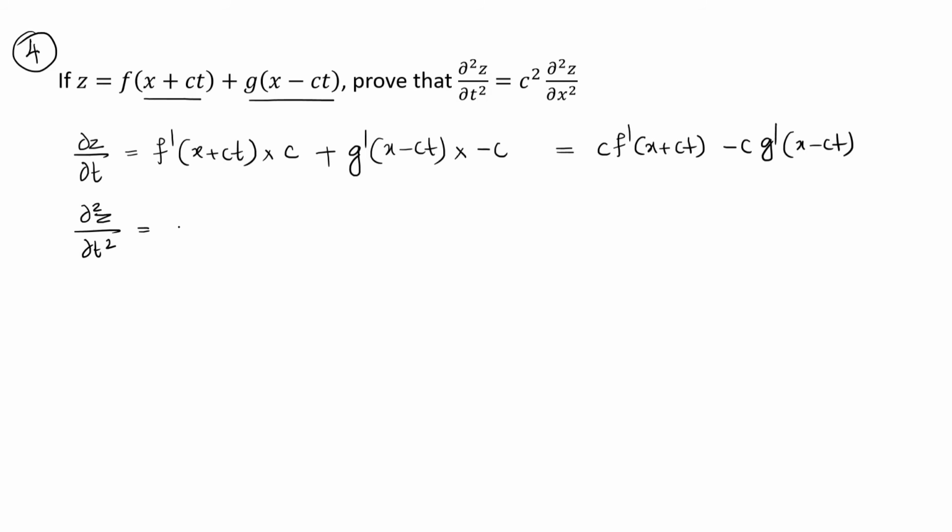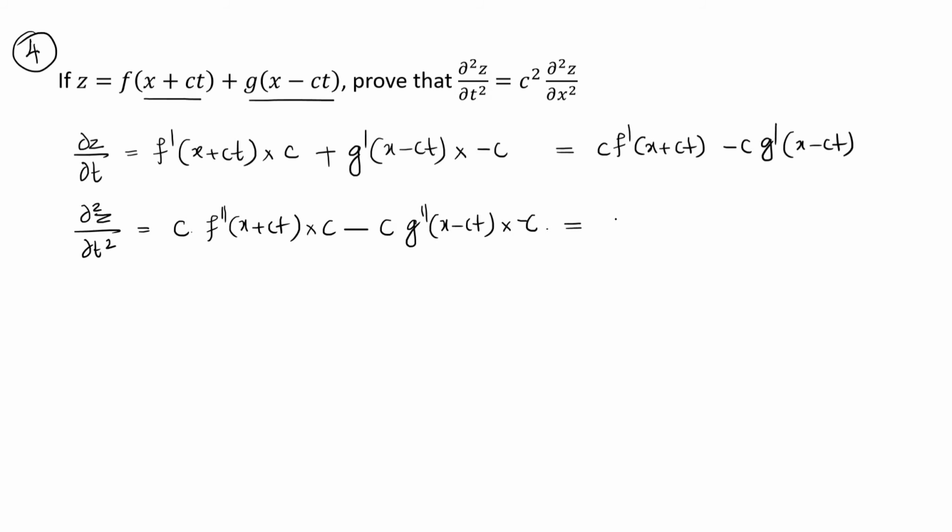That is again c, the constant, into the derivative of f dash of x plus ct, which is f double dash of x plus ct into the derivative of x plus ct with respect to t, which is c. Minus c into the derivative of g dash, which is g double dash of x minus ct into the derivative of x minus ct with respect to t, which is minus c.